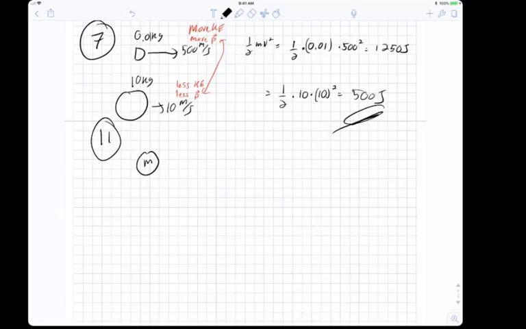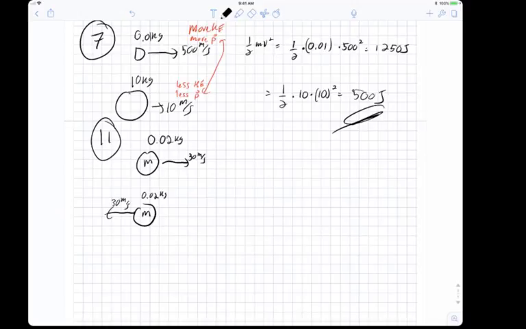Okay, so the mass of this is 0.02 kilograms, and it's moving to the left at 30 meters per second. And the mass here is 0.02 kilograms again, and now it's moving to the right at 30 meters per second.